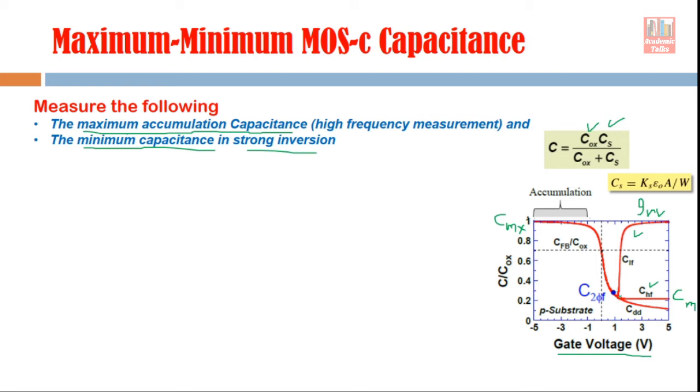If the frequency of the signal is high, then we get this C minimum, and if the frequency of the signal is low, then the capacitance will be almost equal to accumulation. But in most cases the frequency of the signal is high, so this is your minimum capacitance. Now, once you have this much information, you are ready to do the calculation to find out the carrier concentration.